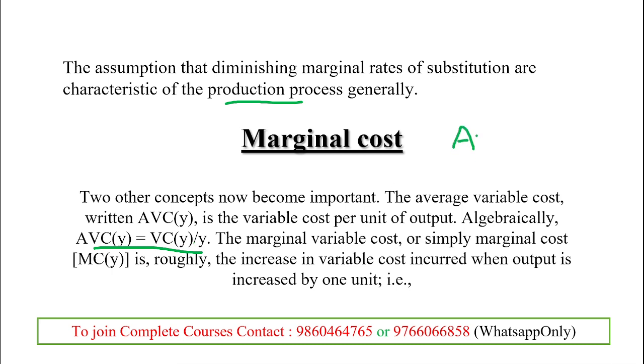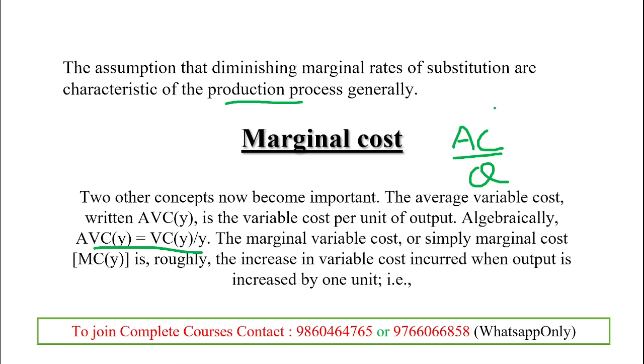The marginal variable cost, or simply marginal cost, is roughly the variable cost incurred when output is increased by 1 unit. Whenever output is increased by 1 unit, variable cost also increases, and that increase is called marginal cost.